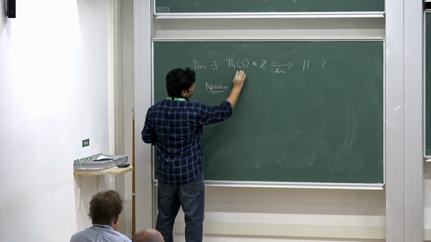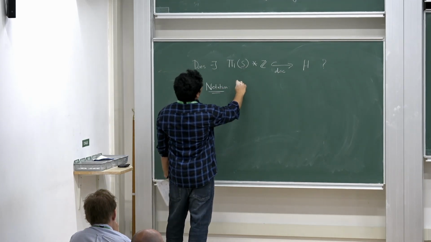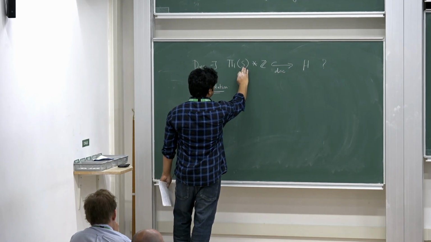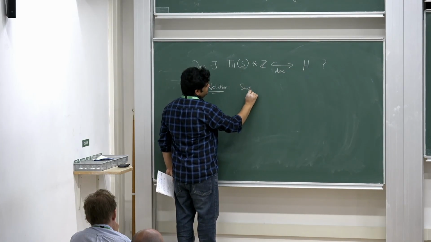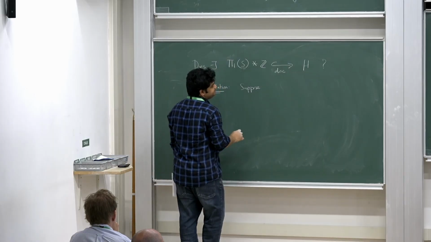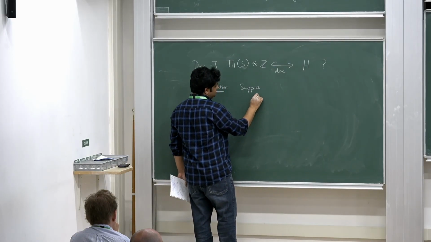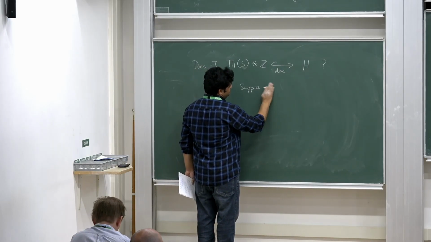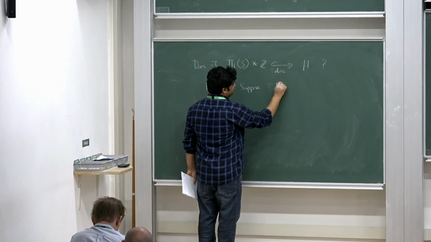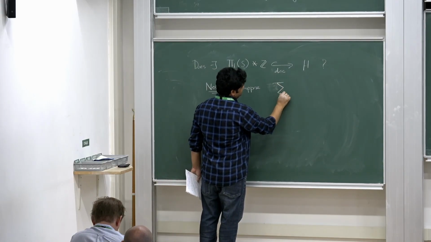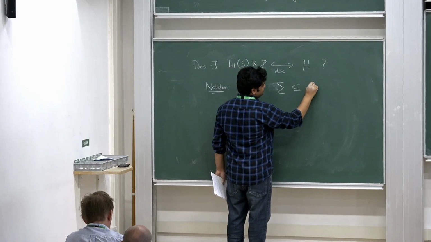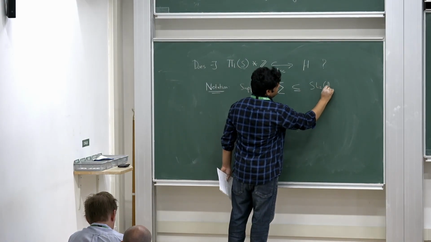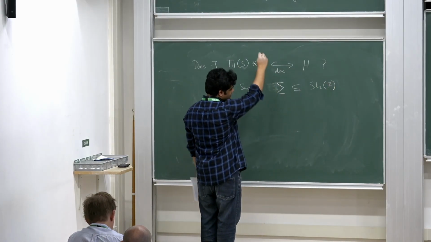From now on, I have always been assuming that it's closed. So suppose we have a torsion-free uniform lattice in SL2R. So this is a closed surface group.